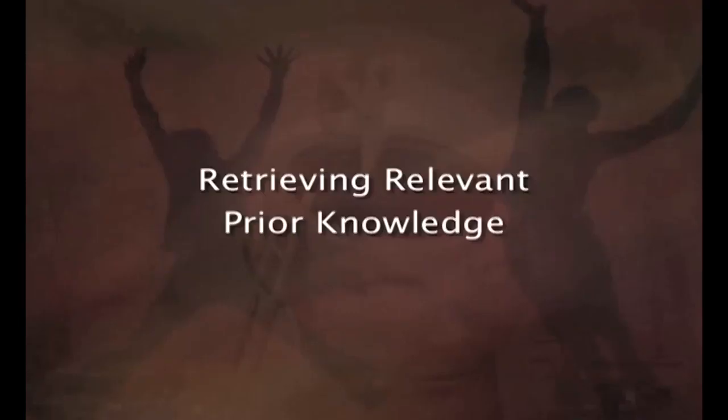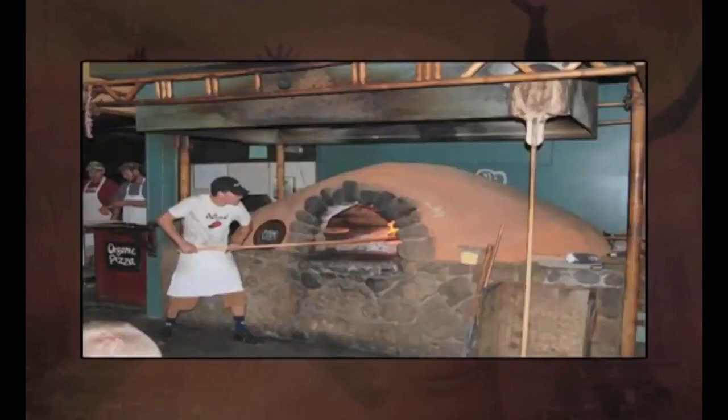The other one is retrieving relevant prior knowledge. For instance, if you look at this picture, a person is trying to put a pizza inside the oven. If the person knows the recipe of the pizza and how to make it and how to put it in the oven, but forgets to remove that pizza from the oven, what happens? Obviously, you will get a burnt pizza towards the end.